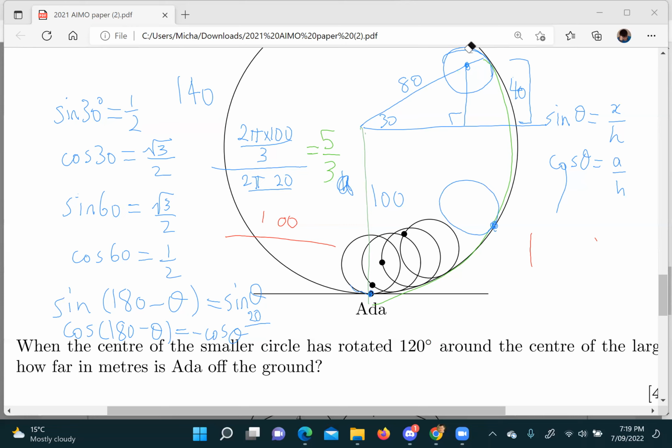So this is why you need to be careful. You start from this point here and you go 240 degrees, which will be roughly like here, right? So it's not that much off the back of the height.